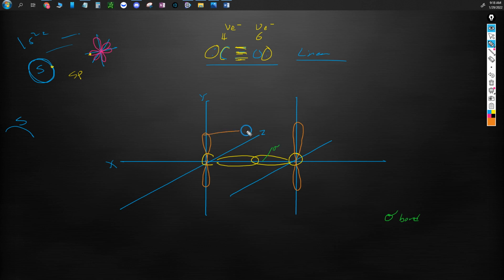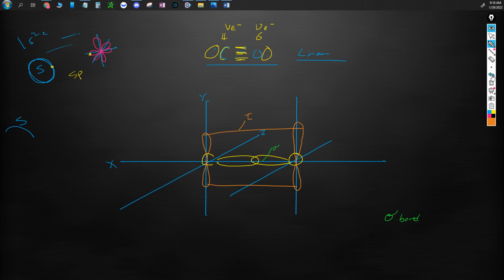Now they form a bond. I know I drew two sticks, but actually it's one bond. That means these electrons will travel orbiting in that dimension, not interfering with the other dimension. So this is our second bond, and starting from the second bond, we call this a pi bond.